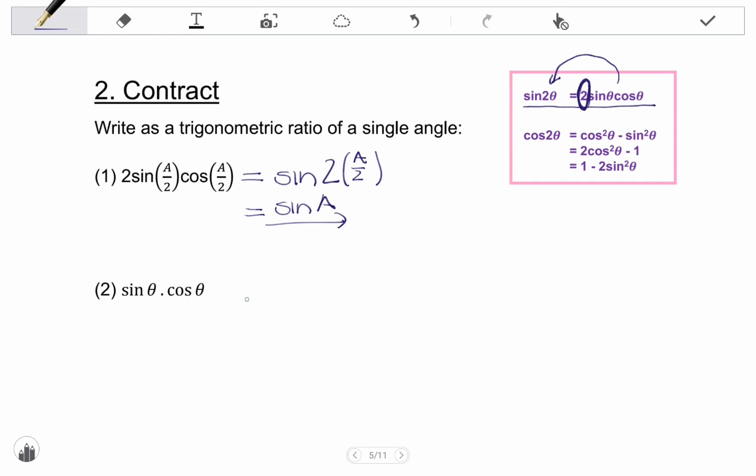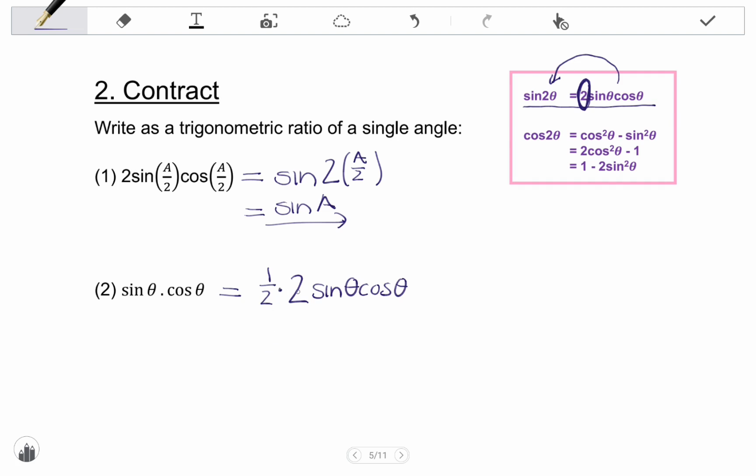But in order to use the double angle formula, I need that 2. So let's see, if I were to put in the 2, okay, I'm obviously changing the value of the expression, which means that this cannot be equal. So what would I have to do to make them equal? Okay, I can multiply it by a half.